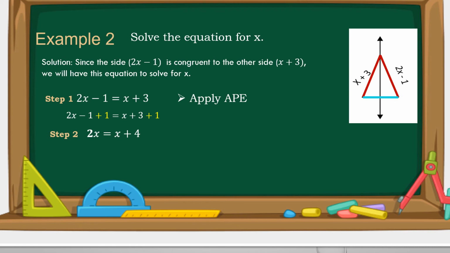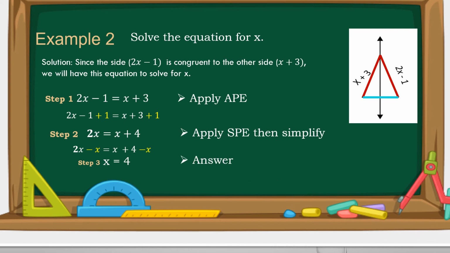From this, we're going to apply the subtraction property of equality, or SPE, which means we're going to subtract x from both sides of the equation. So we have 2x minus x is equal to x plus 4 minus x. And the result is x equal to 4. And this is now our answer.